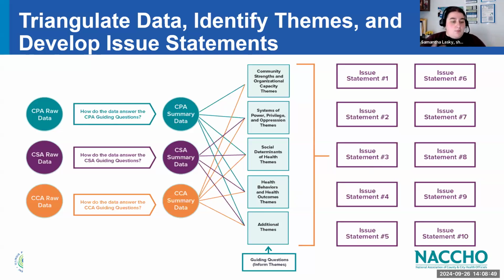These include community strengths and organizational capacity themes, systems of power, privilege, and oppression, social determinants of health, health behaviors, and health outcomes, and additional data that can inform. You should refer to the guiding questions you developed at the beginning of phase 2 to identify these cross-cutting themes. Finally, you'll create issue statements from your cross-cutting themes that identify and summarize why and how the issue occurs, how serious it is, and its outcomes and impacts. Next slide.